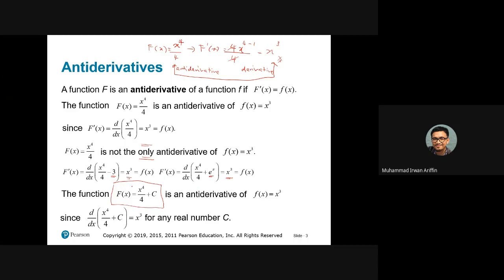So we can use the big capital C to represent whatever constant, whatever number that we have, which doesn't contain x. So this function in general form, big F, x to the power of 4 divided by 4 plus C, would be the antiderivative of x to the power of 3, because the derivative of this big F equals x to the power of 3 for any real number C.